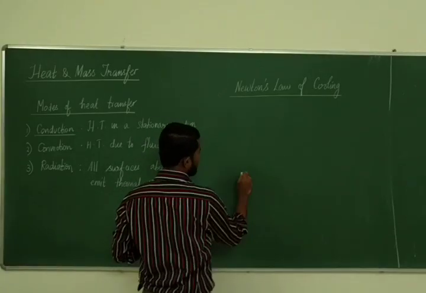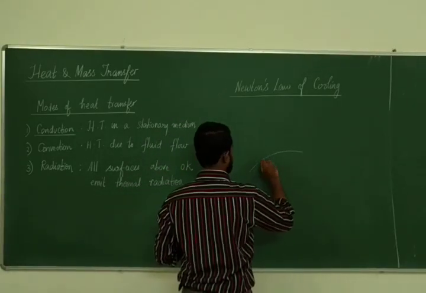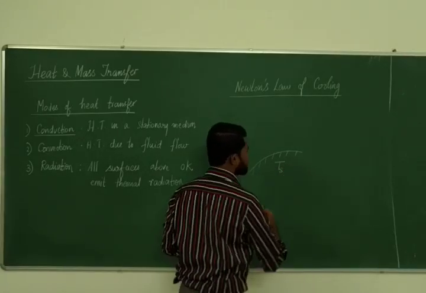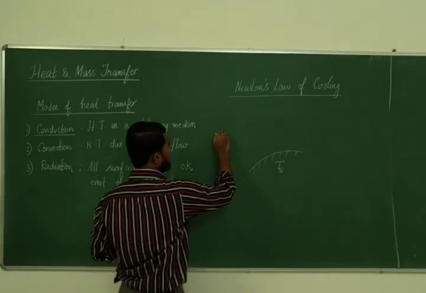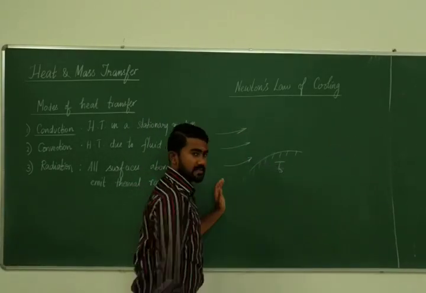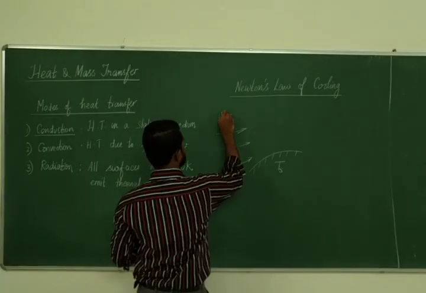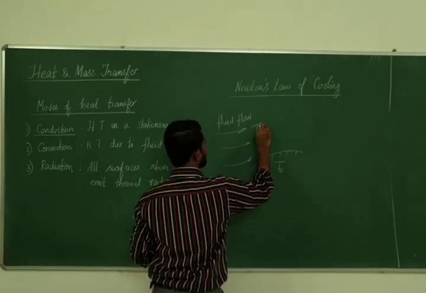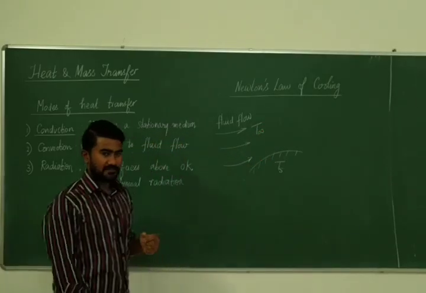Suppose you have an object at a very high temperature. Say the surface temperature is very high, say 100 degrees Celsius, and then you have a fluid that is flowing over the surface. The temperature of the fluid, let me call it T infinity.